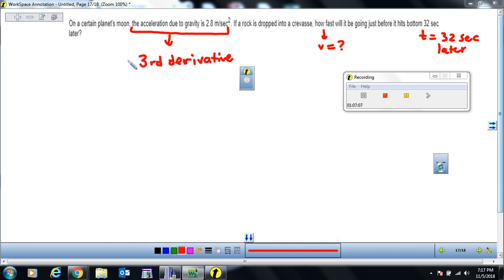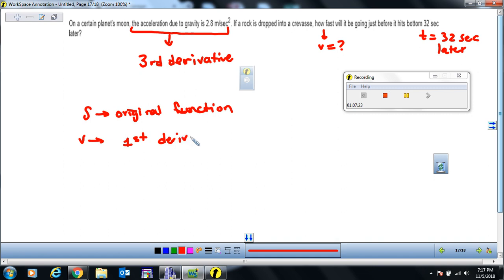So this is the original position function, then the velocity, which is the first derivative, and then the acceleration, which is the second derivative.